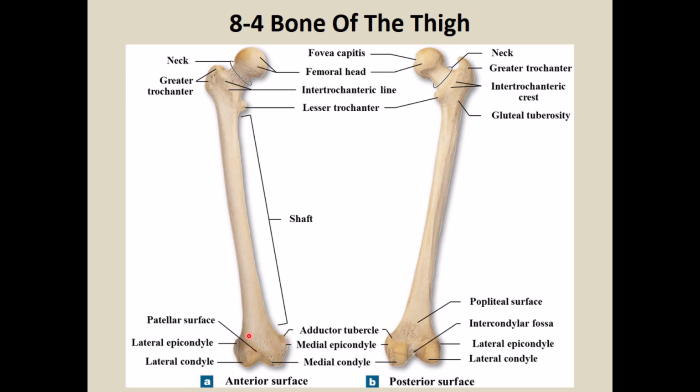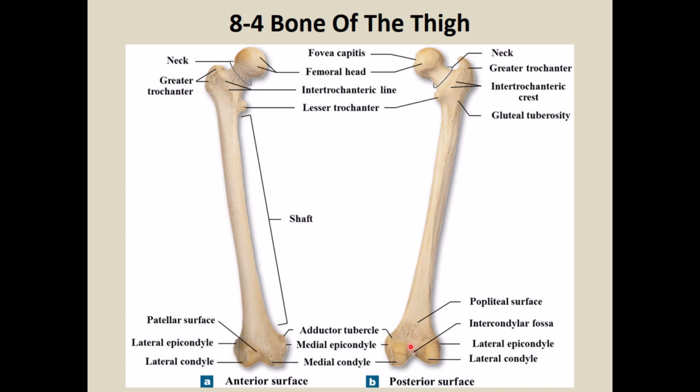For the distal part, it is difficult to know what is the posterior view. So this is the best way to know the posterior view: the space between these two condyles is called the intercondylar fossa. Otherwise, it's not easy.